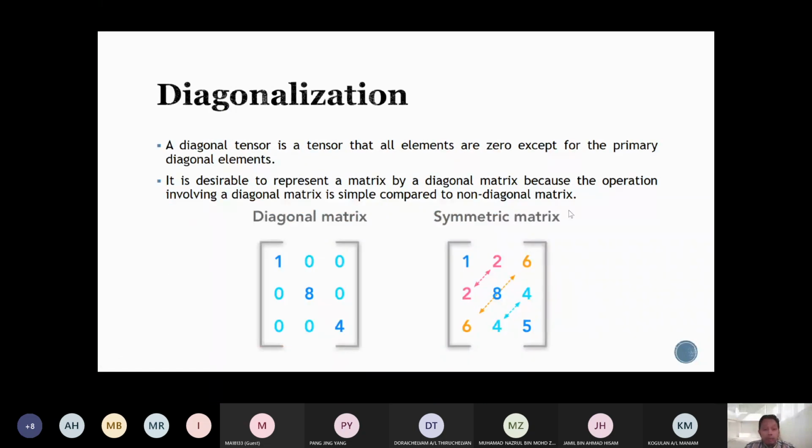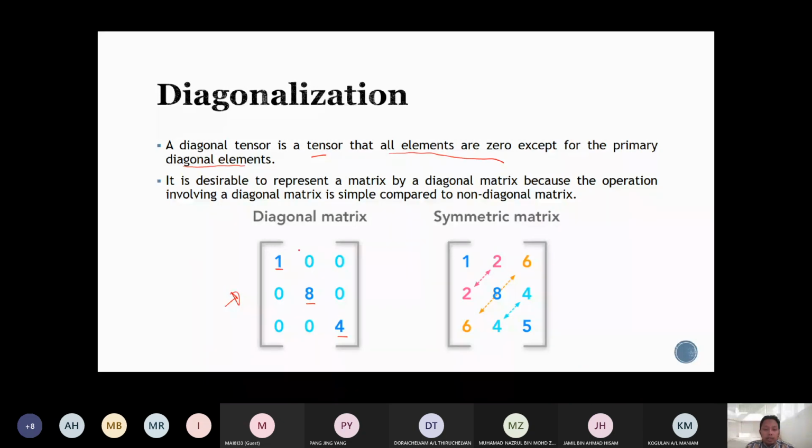Another important property of a matrix is a diagonalized matrix. A diagonal matrix is a matrix or a tensor where all elements are zero except the diagonal elements. For example, the first tensor here is a diagonal matrix. We have values at the diagonal elements 1, 8, 4, while the other elements are 0.